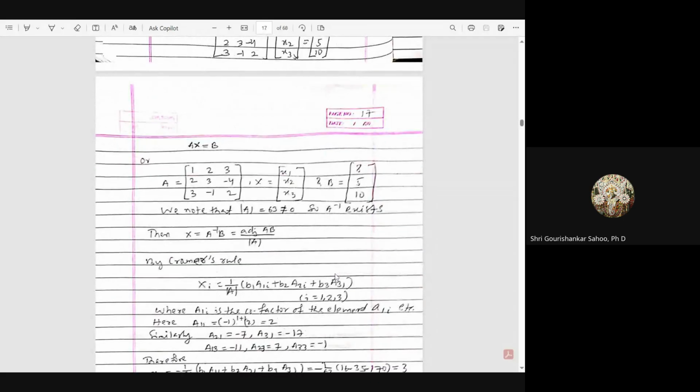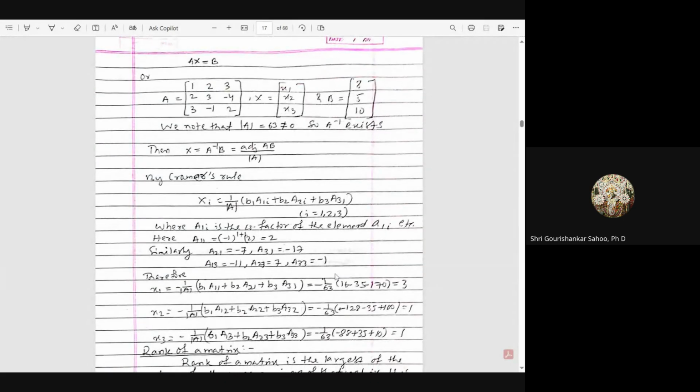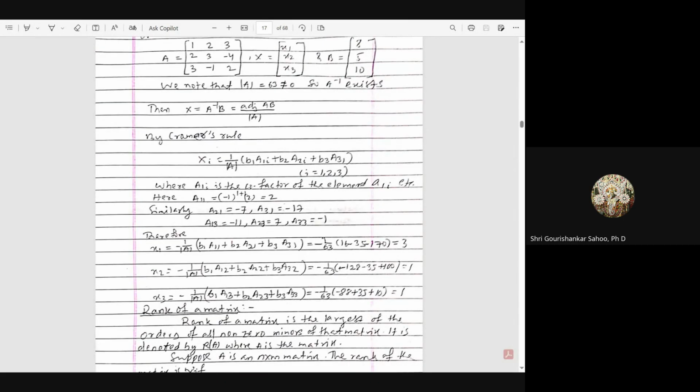So your A, X and B are written in matrix form, and the determinant of A, if you evaluate it here, is 63, and it is non-zero. So your A inverse will exist.